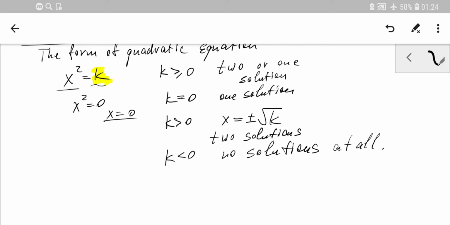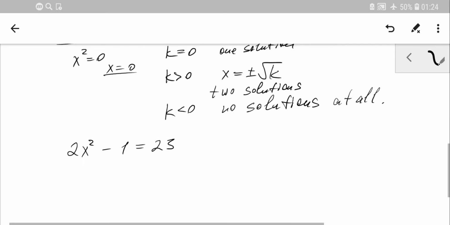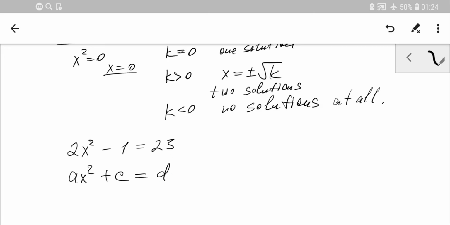Okay, so for simplicity, let's take the following. We have 2x squared minus 1, let's say it's equal to 23. Okay, that's in the form x squared plus some c equals non-zero, but another value d.